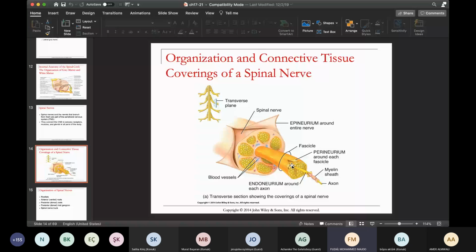Bundles of axons are referred to as fascicles. And then multiple fascicles, in the spinal nerve, are wrapped in tissue that's called epineurium. So again, it's relatively similar.